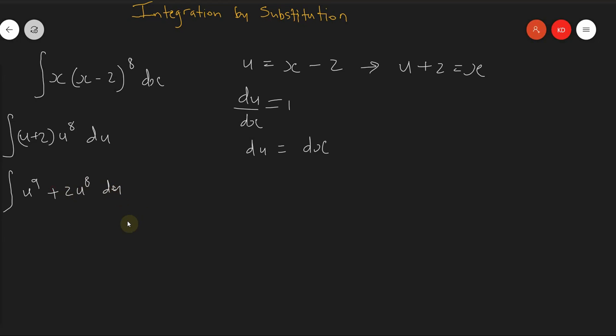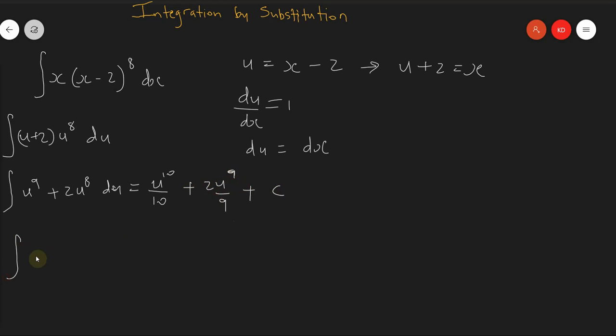This is now a simple integral, so therefore our answer would be u to the 10th power divided by 10 plus 2u to the 9th power over 9 plus c.